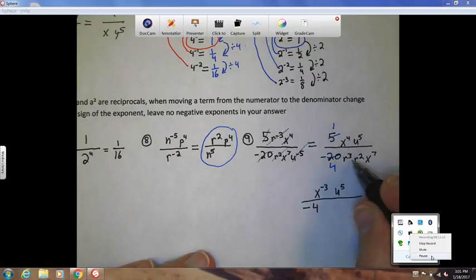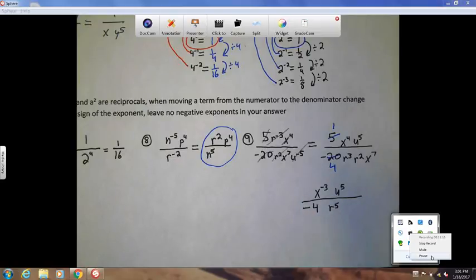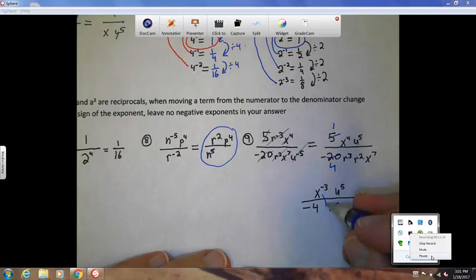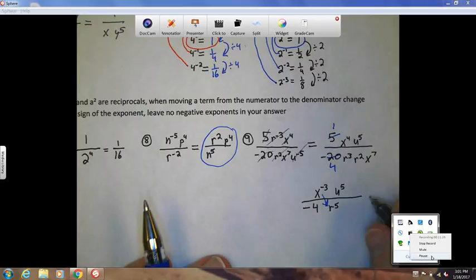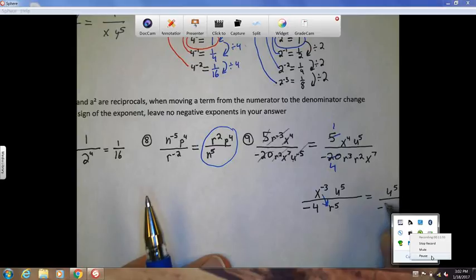Now the only thing I still have to do is I don't want any negative exponents in the answer. So I need to move this down to the denominator. So I have u to the 5th over negative 4 r to the 5th x to the 3rd. This will take some practice, so make sure you do it and look back at this video for examples.